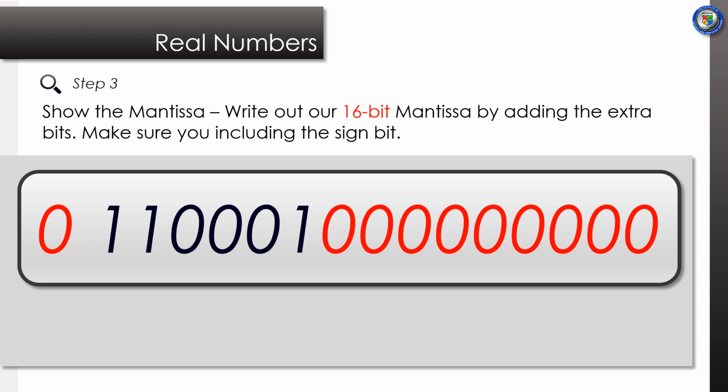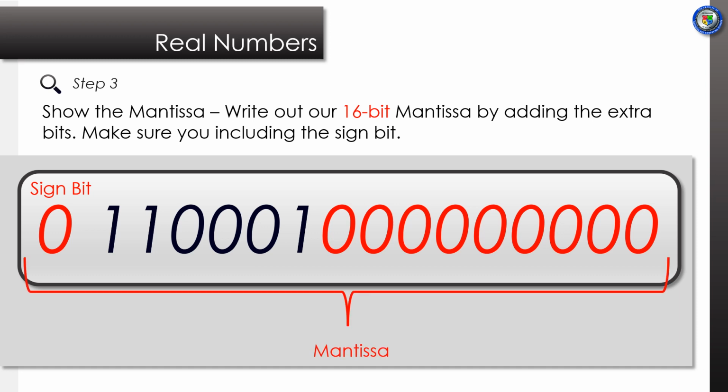Our sign bit will be 0, followed by our number 110001. We will then make up the rest of the mantissa using 9 zeros to make up our 16 bits. Our full mantissa is 01110000000000.